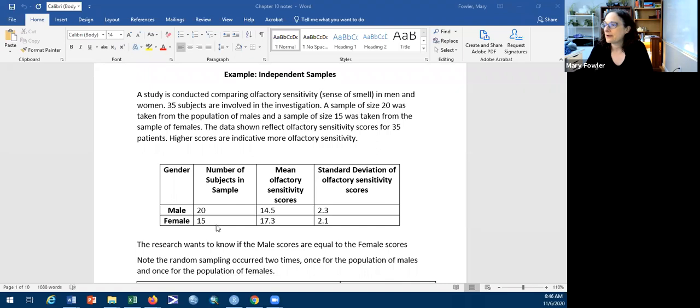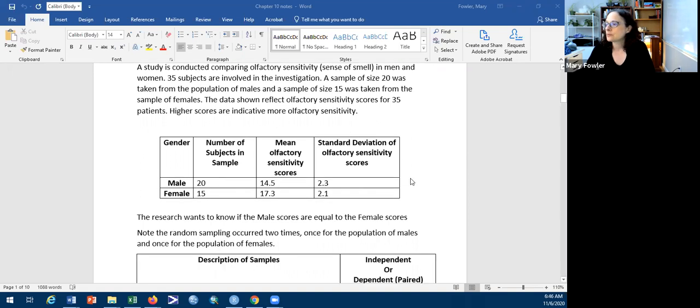Here, for the males, there are 20 males, and that's their mean score and their standard deviation. Here are the females. The researcher wants to know if the mean olfactory sensitivity for men is equal to the mean olfactory sensitivity for women.